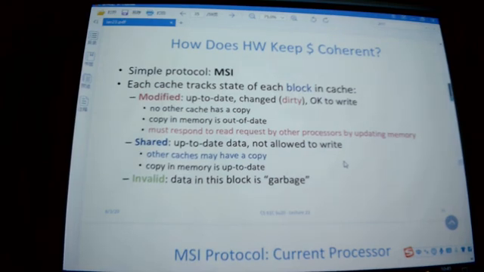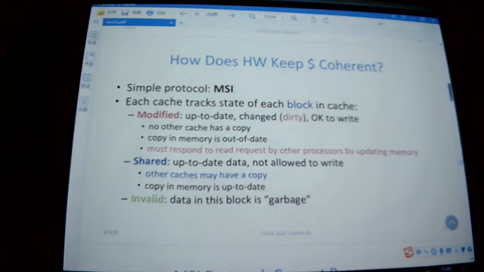So shared is limited in some operations. Invalid means the data in this block is garbage. So invalid is garbage. Invalid is useless. So the invalid data is garbage. So MSI is a simple protocol.